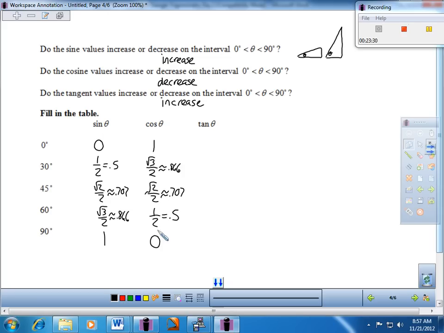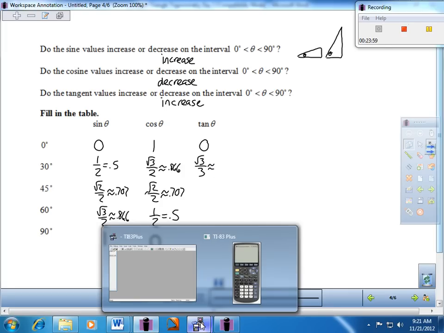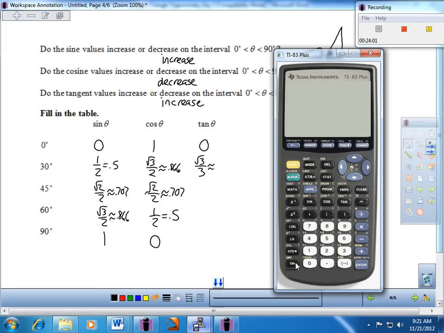Excellent. How about tangent? Tangent's an interesting one. Its behavior. Tangent of 0 is 0. Tangent of 30 degrees is √3/3. Let's get a decimal on that. Let's do square root of 3 over 3. You don't have to do this on yours. I'll just do it quickly up here.